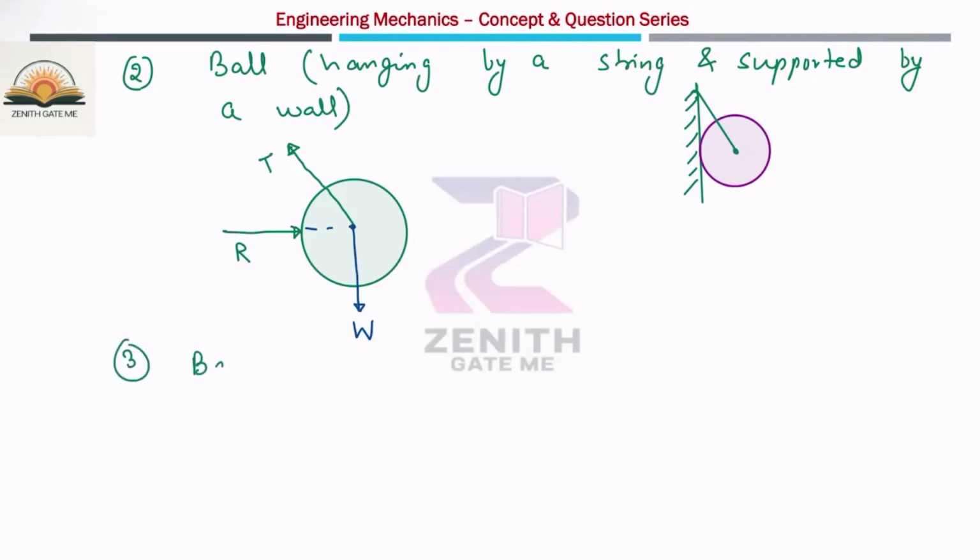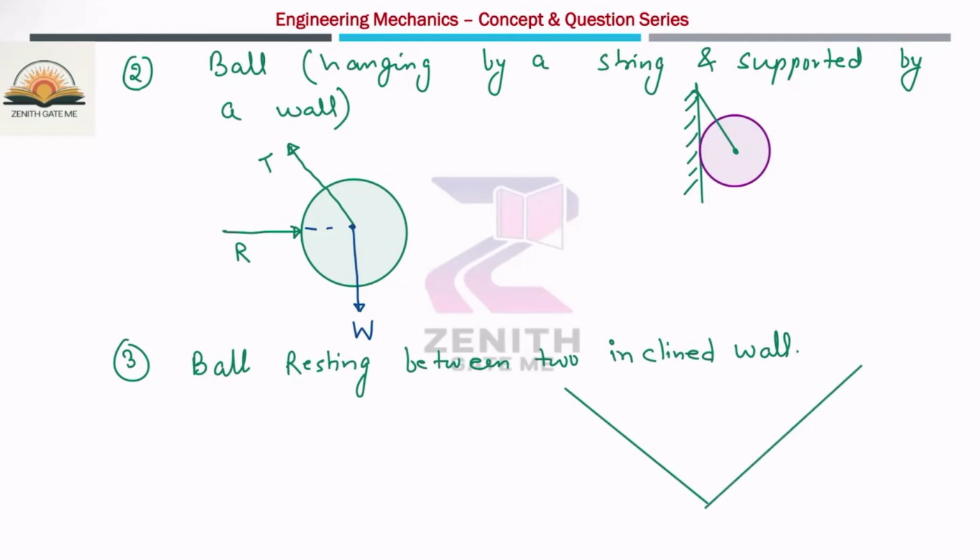Again, a ball which is resting between two inclined walls. These are the two inclined walls, and there is a ball which is resting in between these two walls.